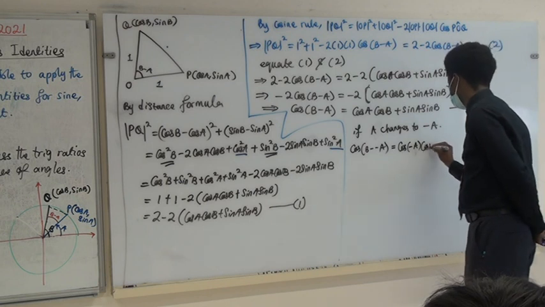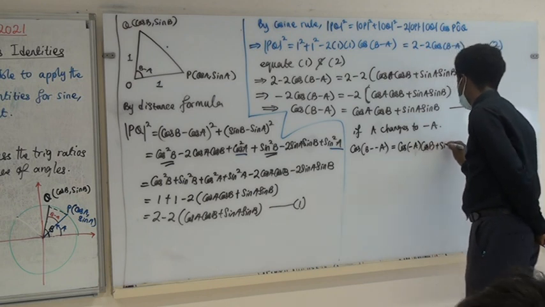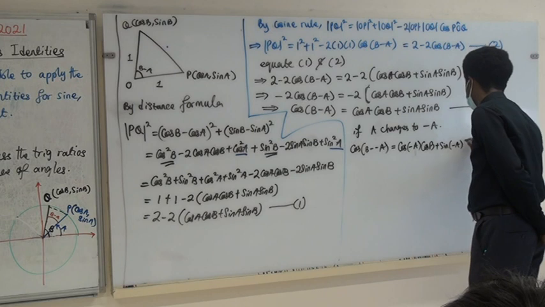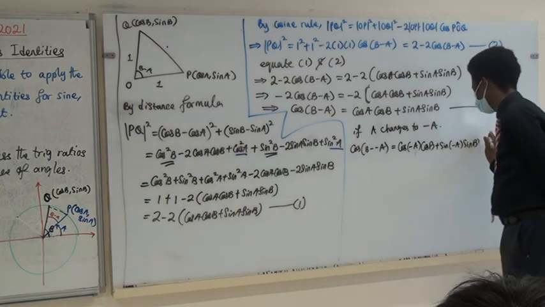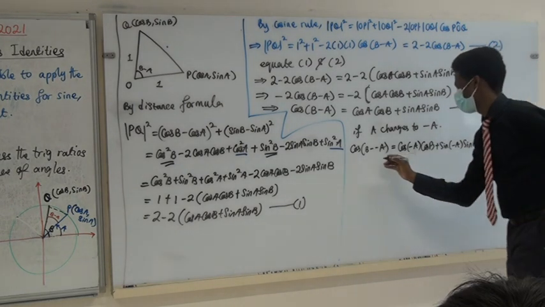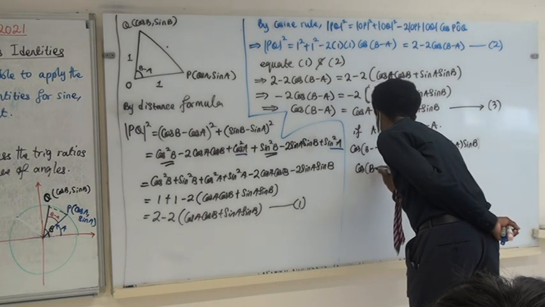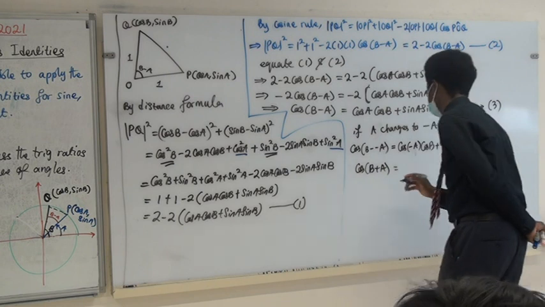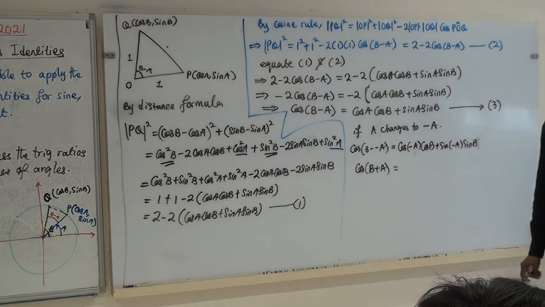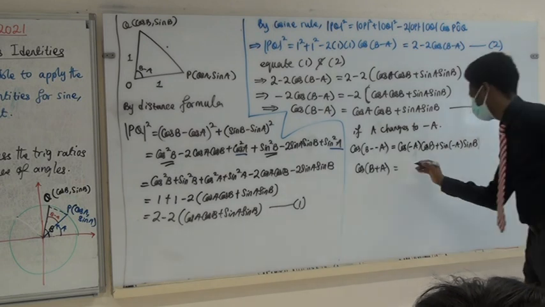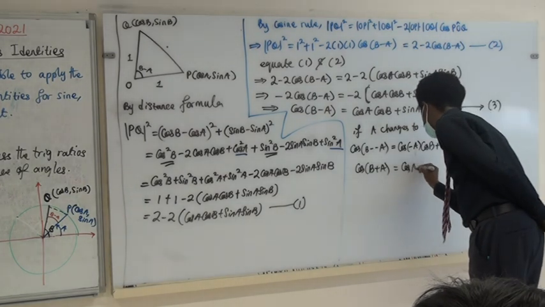It's equal to cos B cos negative A plus sine B sine negative A. What can you say about this? So this is cos of B plus A. Let's just go with that order first. What is cos of minus A? Cos absorbs the negative. So we get cos A back.